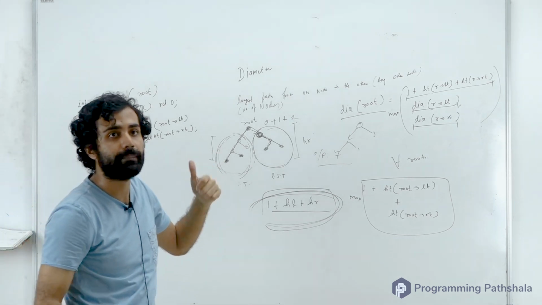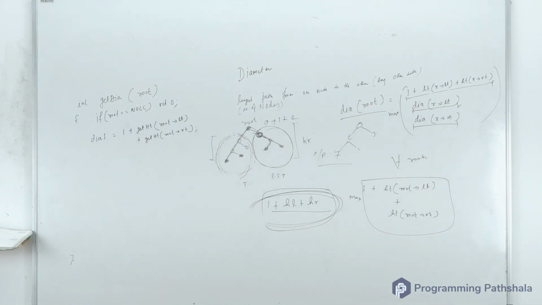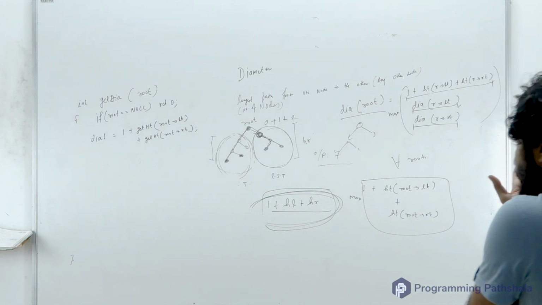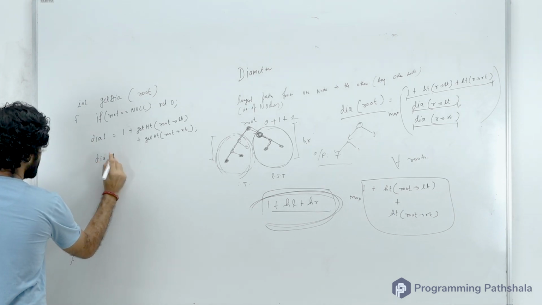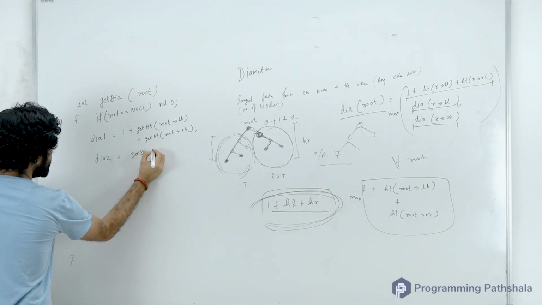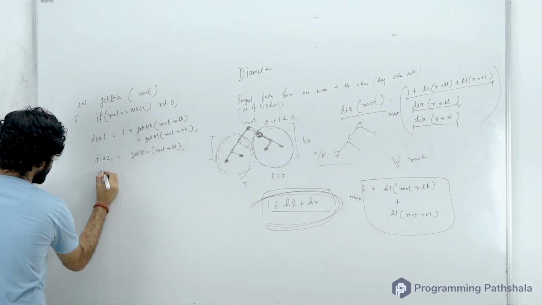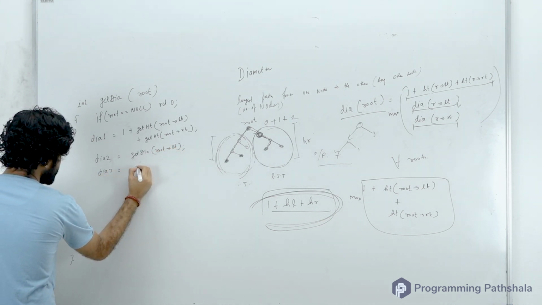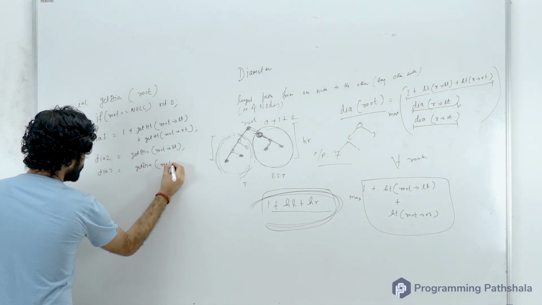Does everyone know how to implement get height for a tree rooted at any root? Everyone knows that, right? So you can implement that thing separately. For option 2, I can say that my option 2 is corresponding to the recursive call made on root left, and my option 3 is corresponding to the same recursive call made on root right.